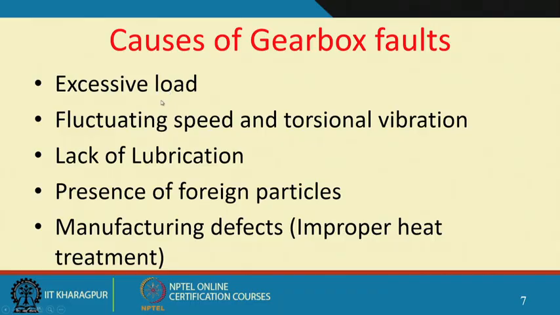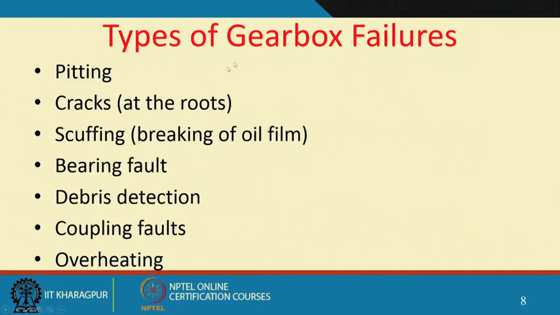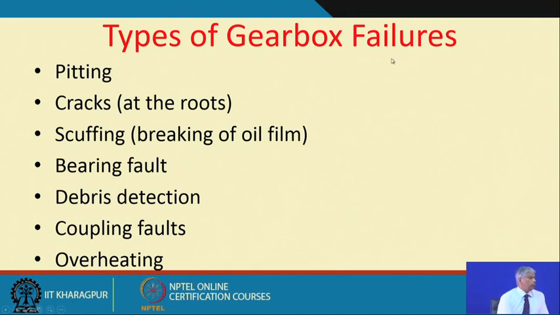So, these are how gearbox faults occur. So, types of gearbox failures: pitting, cracks at the root, scuffing, which is what is known as breaking of the oil film, a bearing fault, debris detection, coupling faults and overheating.